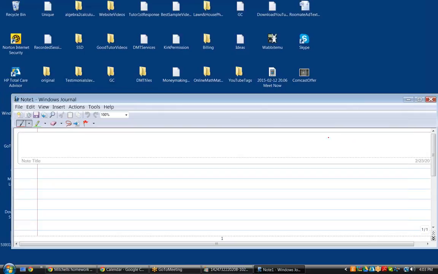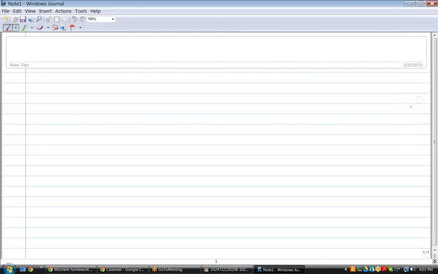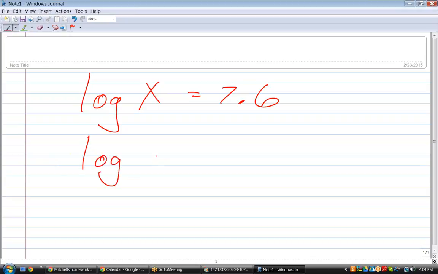All right. If it's a log base 10 scale, then the log of, we'll call it x, the severity of the earthquake, is equal to 7.6 in one case, and in the other, the log of that severity is 9.2.